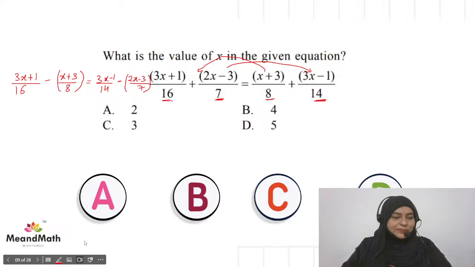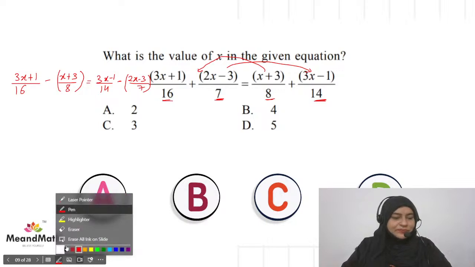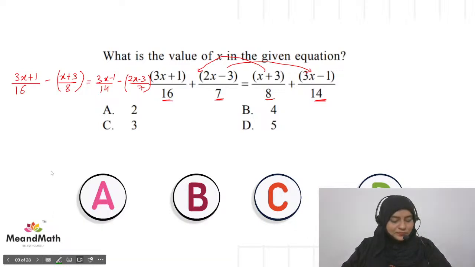Now solve it. So let's solve it. 16 and 8. When you are taking the LCM of 16 and 8, what will you get? You will get 8. Very good.